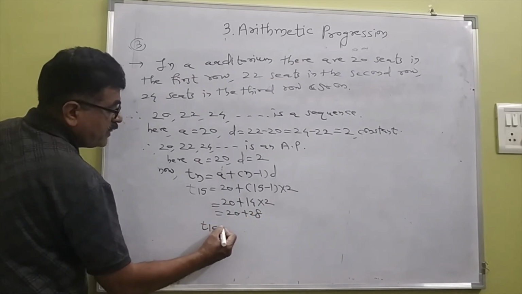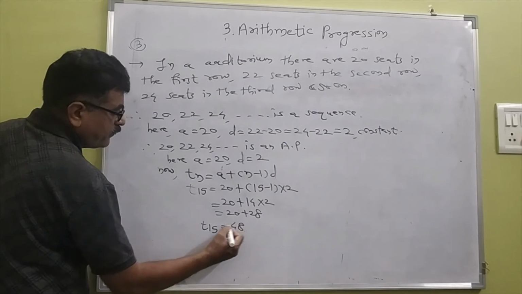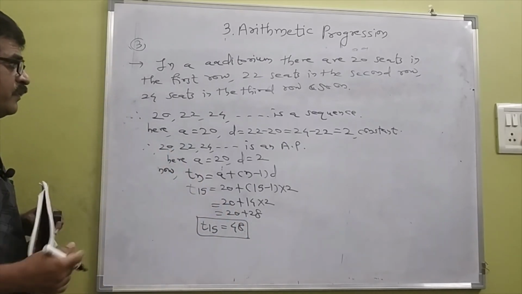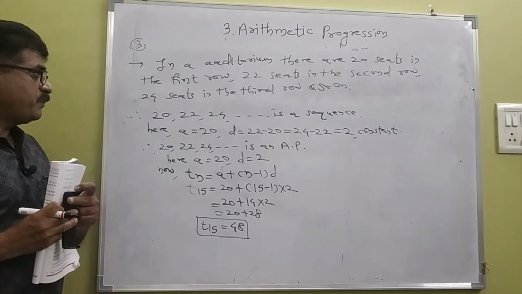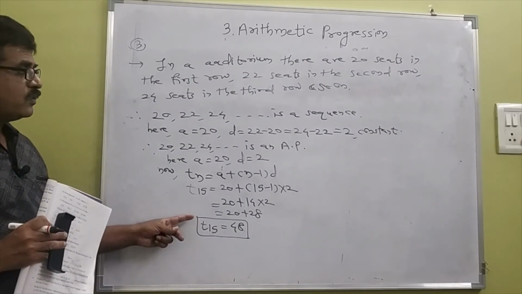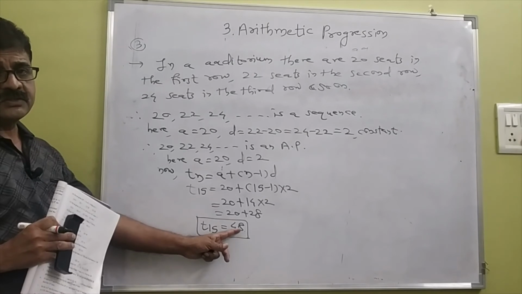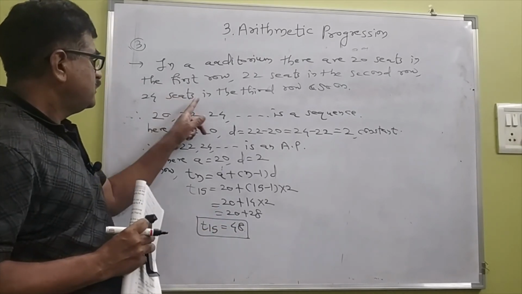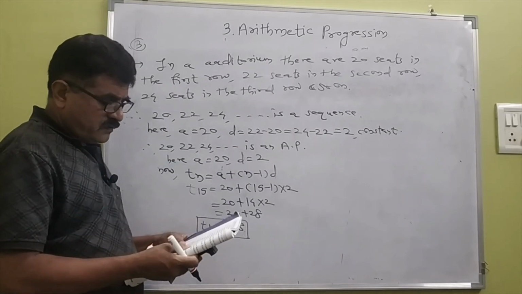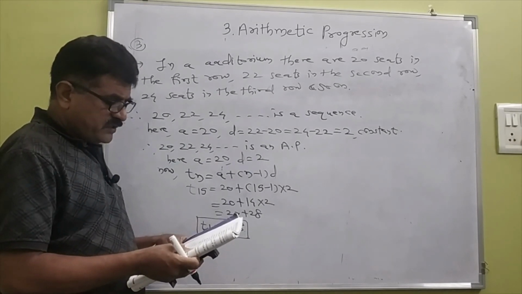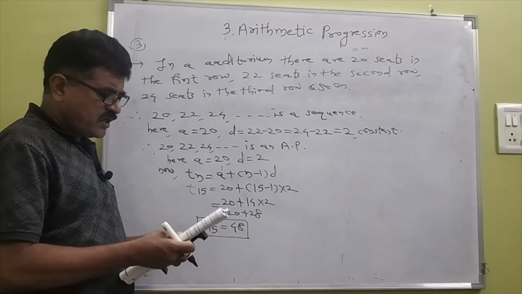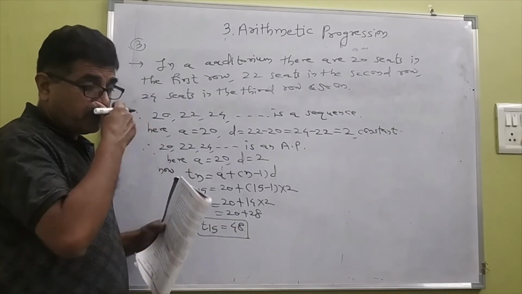Therefore T15 is equal to 48. Therefore the 15th row contains 48 seats. And we also have to find how many total seats there are in the auditorium.